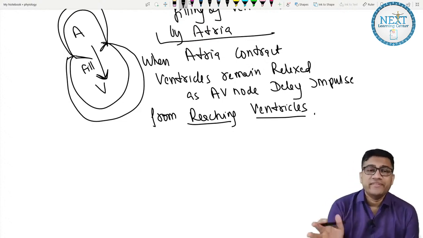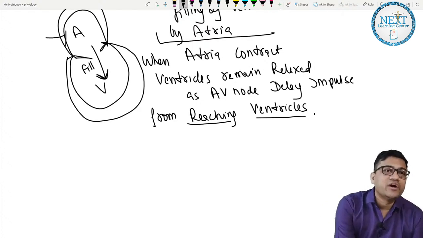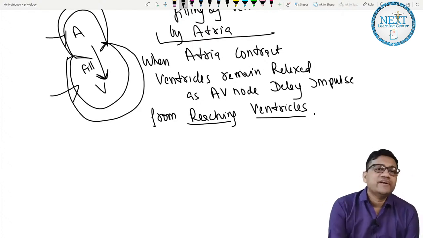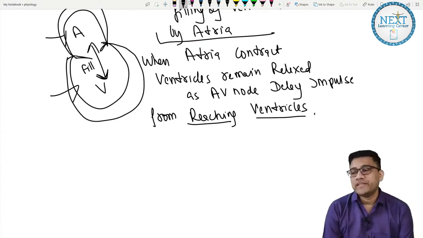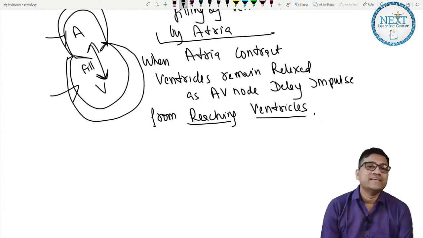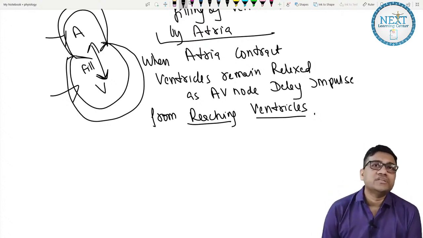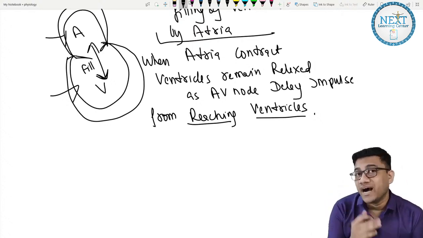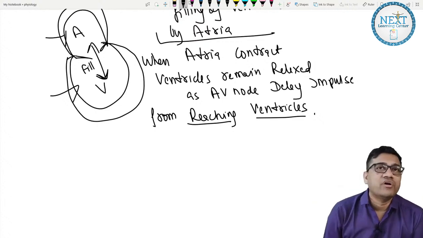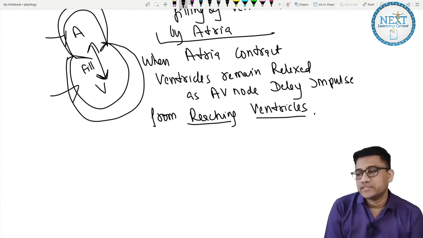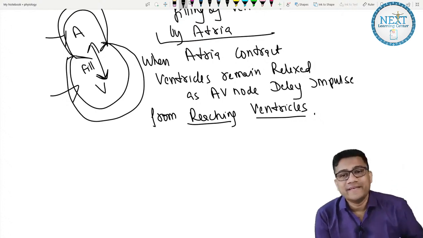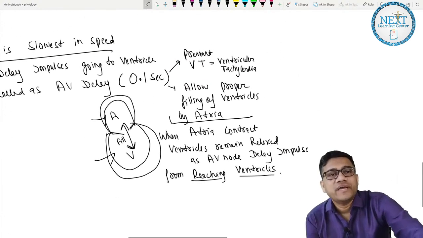If there was no delay, as soon as the atria contract, the ventricle would contract and push blood back to the atria. So a very important concept: ventricular contraction always occurs after the atria have contracted, thanks to the AV delay.